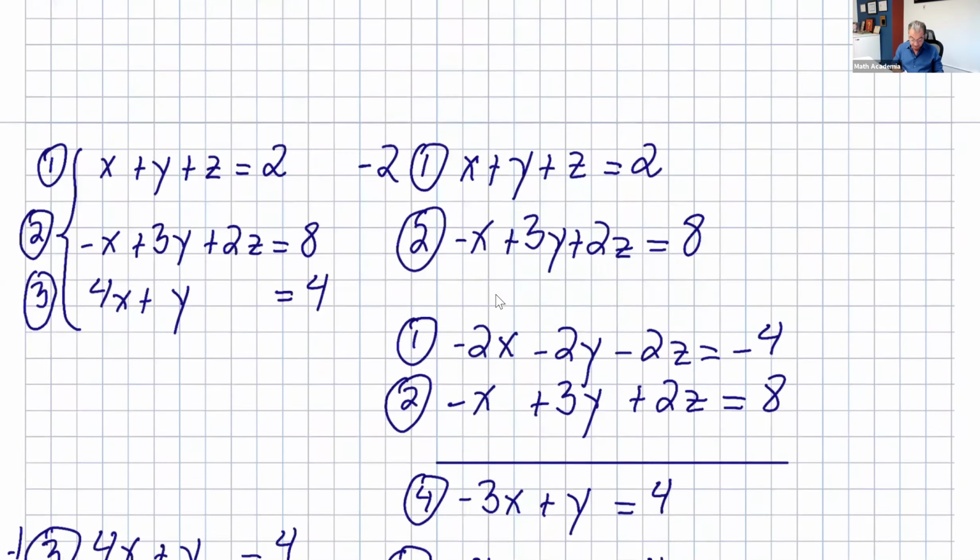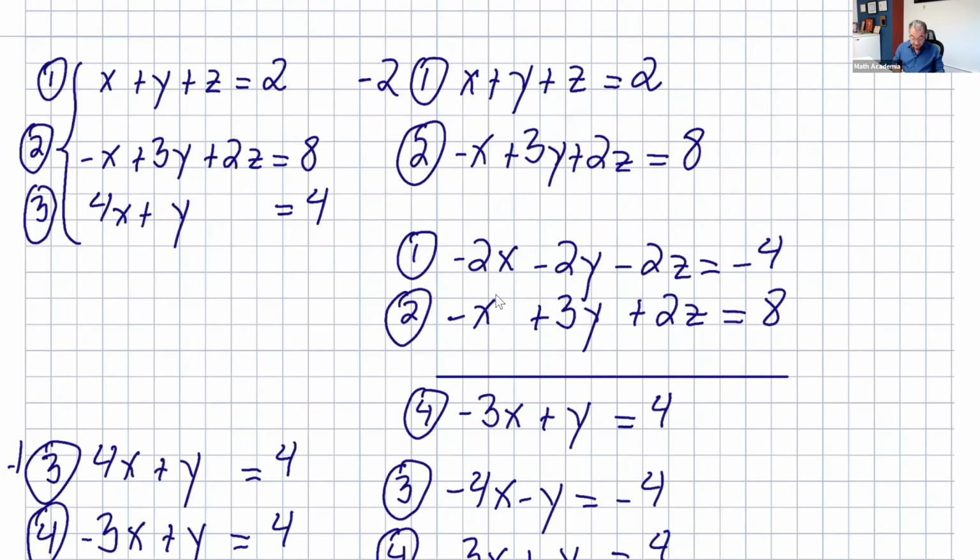Then I have another one here for you. x plus y plus z equals 2, -x plus 3y plus 2z equals 8, and 4x plus y equals 4. I picked 1 and 2, and since the third one doesn't have a z term, I decided to eliminate z.